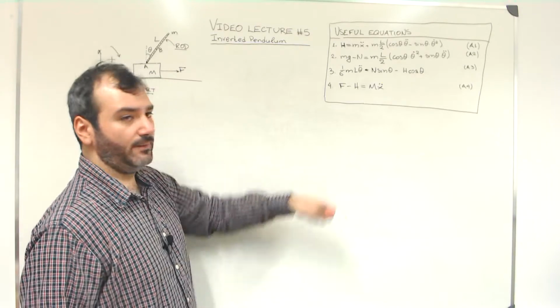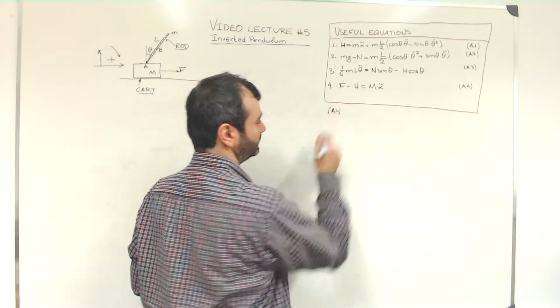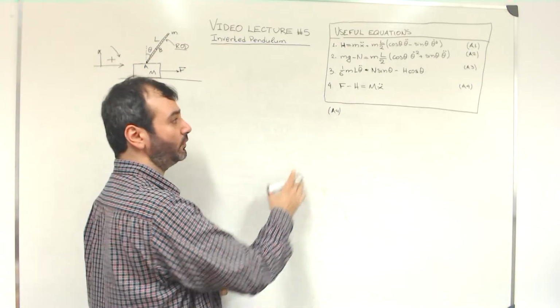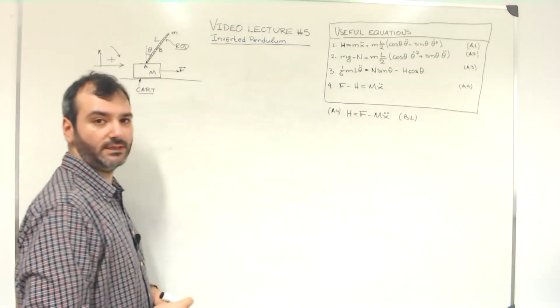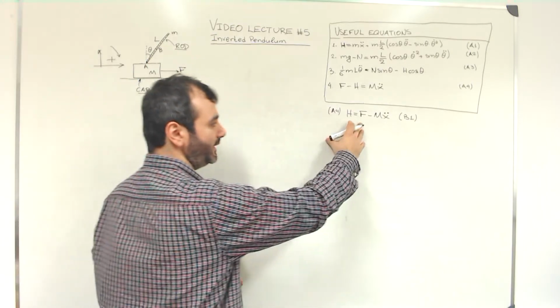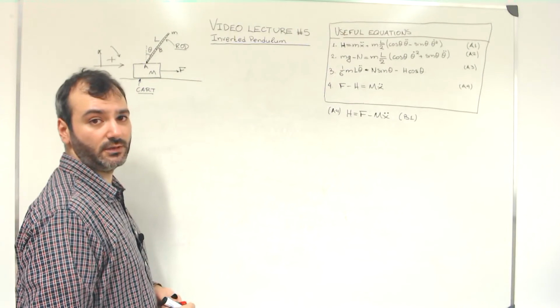We'll start with the easiest one. Take equation A4. We can solve for H from there. Let's call this equation B1. Having done that, we can take H from here and we can plug it in equation A1.